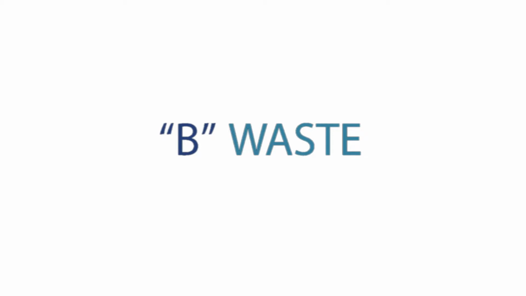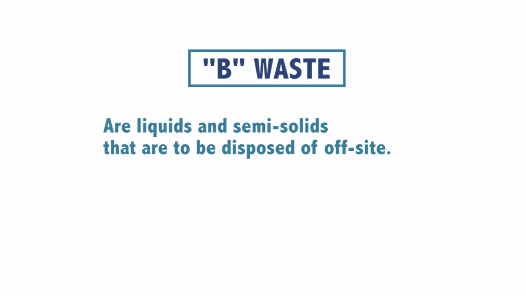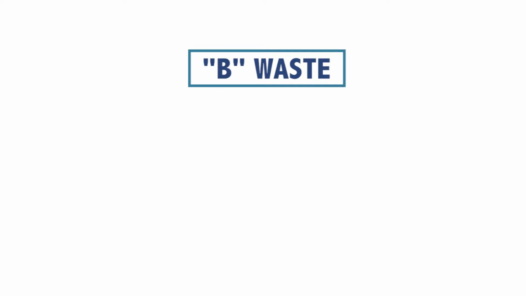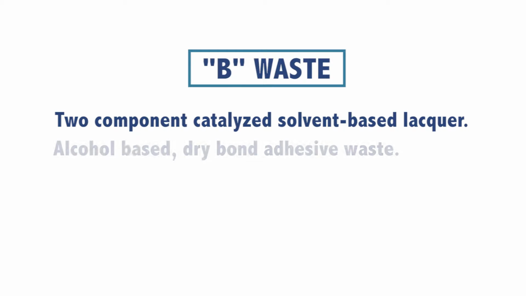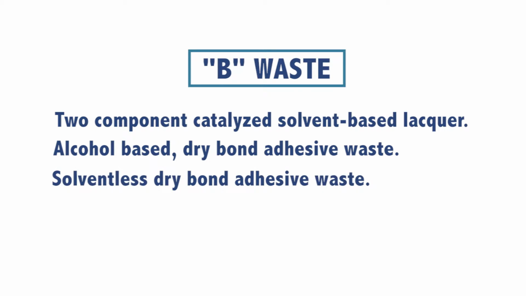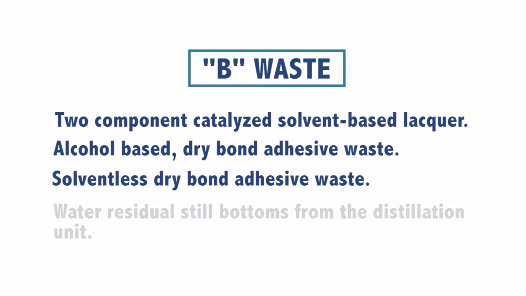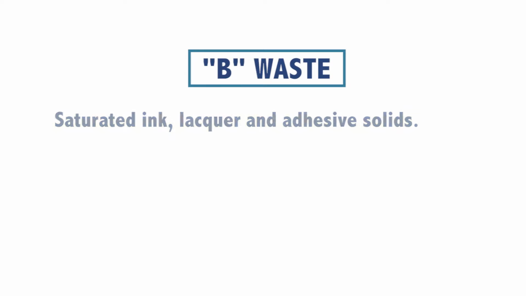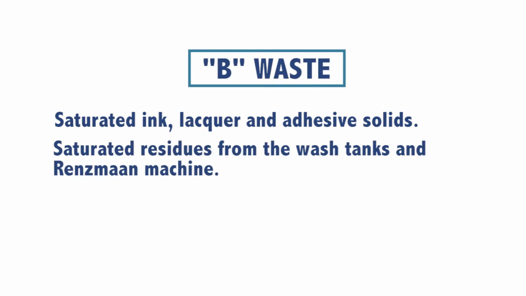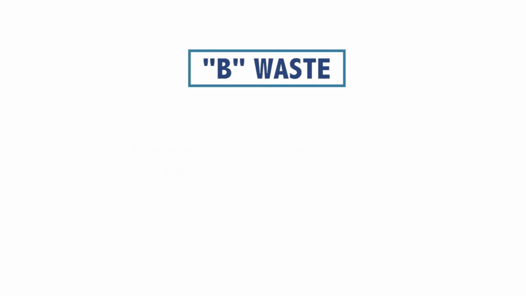B waste. B waste are liquids and semi-solids that are to be disposed of off-site. They include 2-component catalyzed solvent-based lacquer, alcohol-based dry bond adhesive waste, solventless dry bond adhesive waste, waste residual steel bottoms from the distillation unit, saturated ink, lacquer, and adhesive solids, and saturated residues from the wash tanks and Renzemian machine.